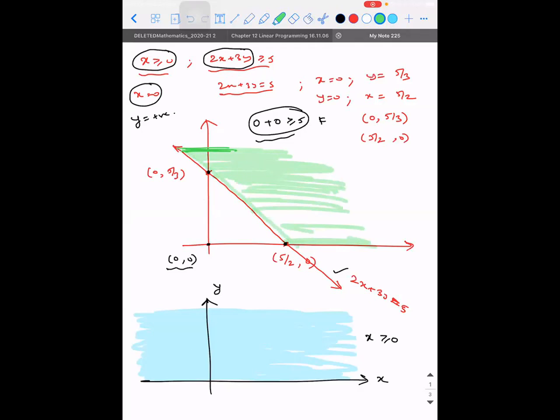So this will be the region. If both have to be simultaneously satisfied, then what should I do? The blue color region is the one which represents x greater than or equal to 0. So for both the inequalities to be simultaneously satisfied, which region should I choose?